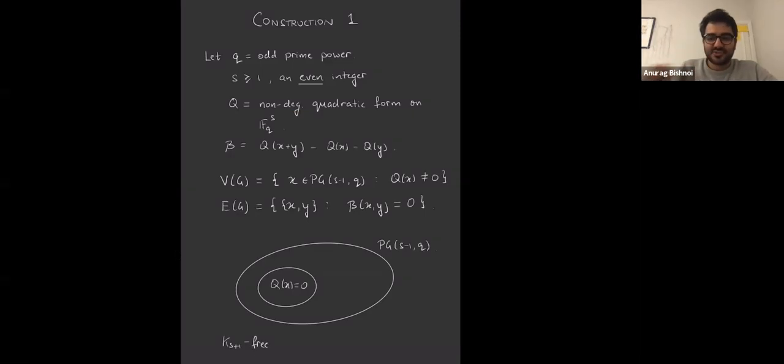Now, conceptually, what this new construction is about is as follows. We essentially partitioned the set of non-singular points into roughly equal halves.